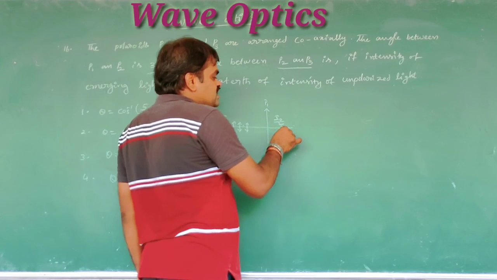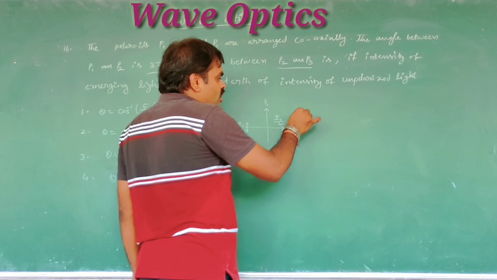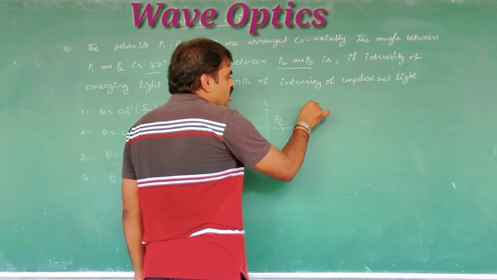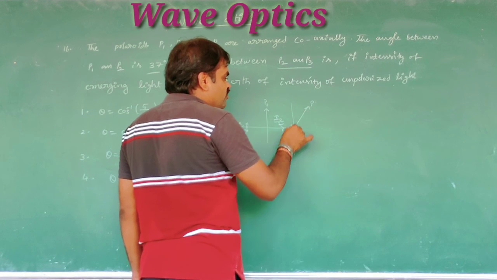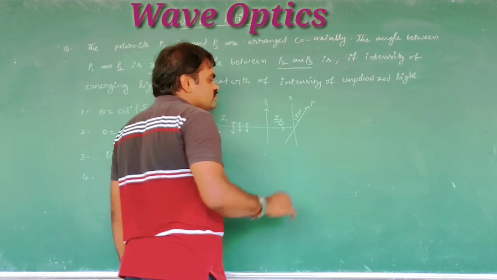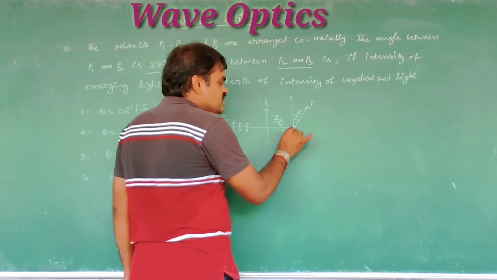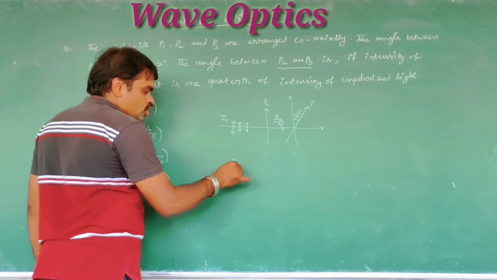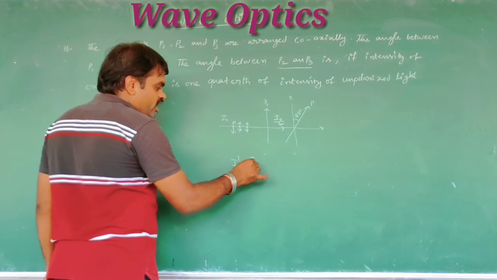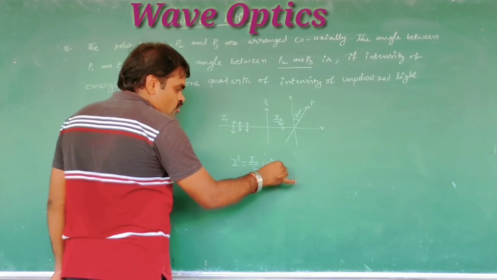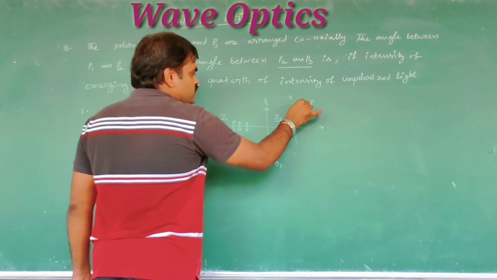Then this light is incident on P2, making an angle with P1 of 37 degrees. Then that intensity is I dash equal to I naught by 2 cos square theta 1.